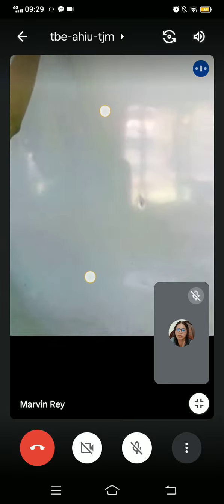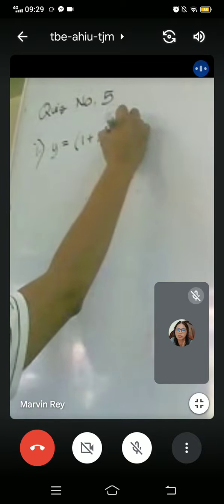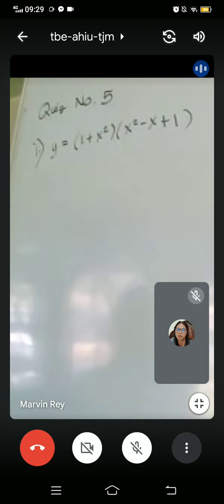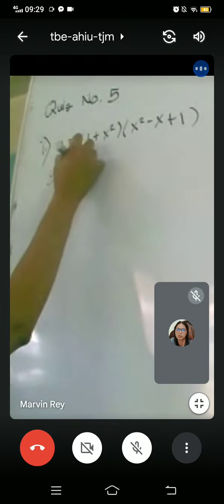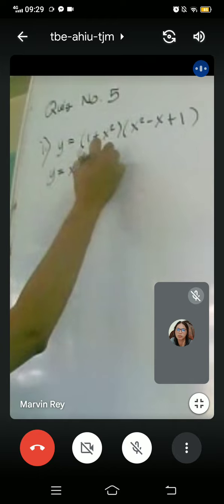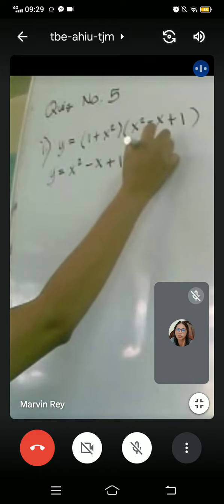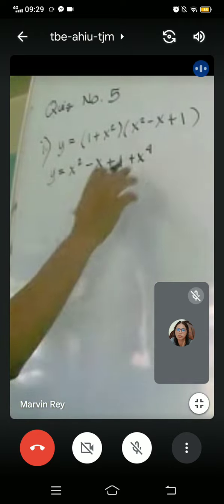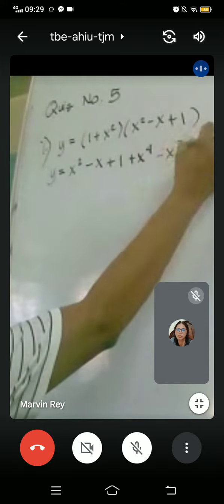So y is equal to 1 plus x squared times x squared minus x plus 1. It's the same again, so you just have to expand the expression. So y is equal to 1 times x squared, 1 times negative x, 1 times 1, positive 1, x squared times x squared, x to the 4th, x squared times negative x cubed, x squared times 1, positive x squared.